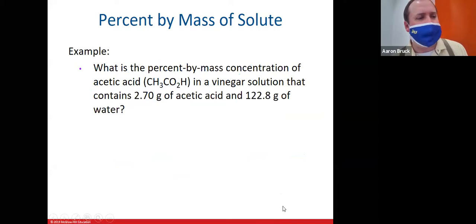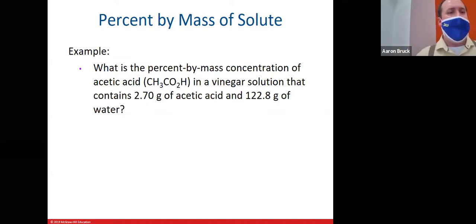Let's do another example. What is the percent by mass concentration for acetic acid in a vinegar solution that contains 2.7 grams of acetic acid and 122.8 grams of water? Well, very similar to the example that I just did.